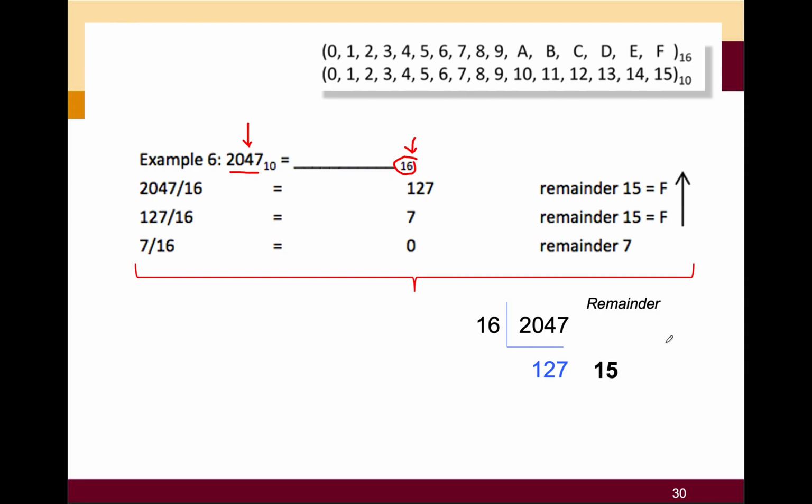Please make sure you don't forget to write down every remainder, because you're going to get it as the answer. If you divide 2047 by 16, you get 127, but there is a remainder of 15.